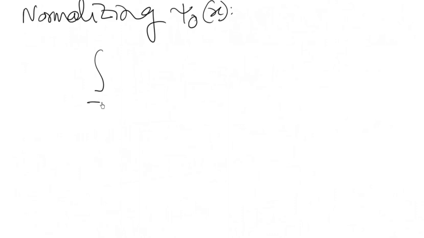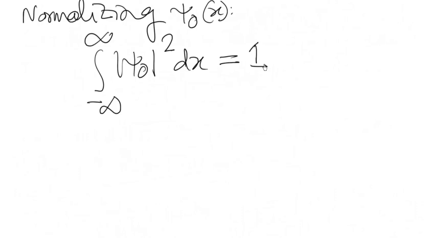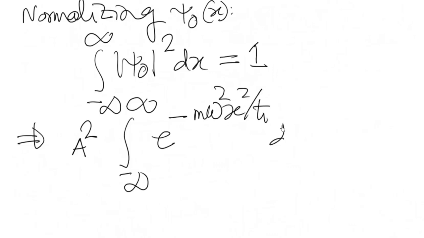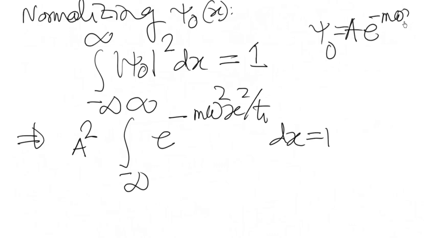So we have the normalization condition: the integral of modulus of psi squared in one dimension is 1. So we substitute the value of psi naught, and we'll have a square, integral from minus infinity to plus infinity of e to the power minus m omega x square by h cut. We had psi naught equal to a e to the power minus m omega x square by 2 h cut.